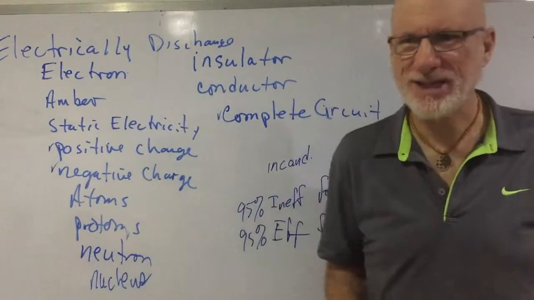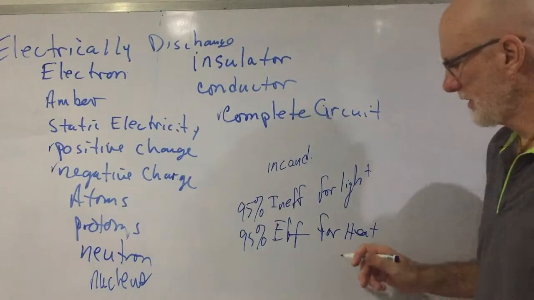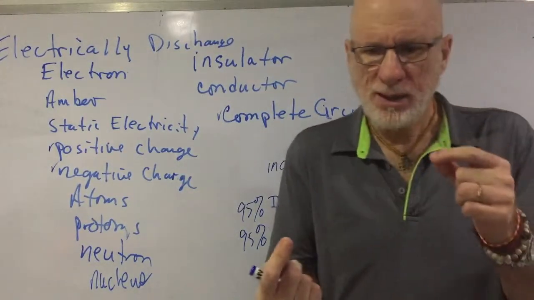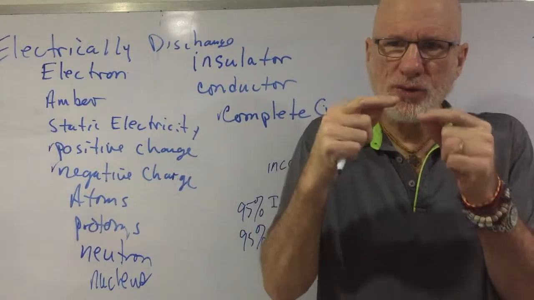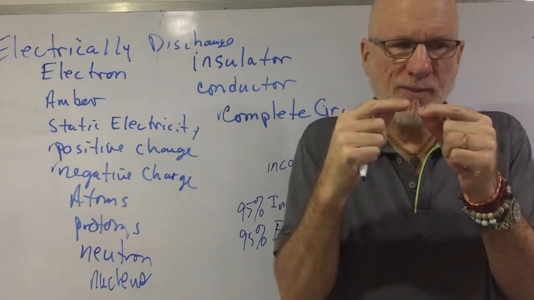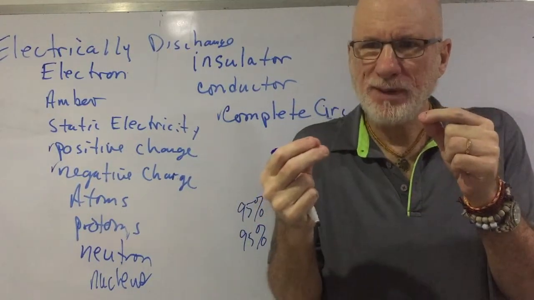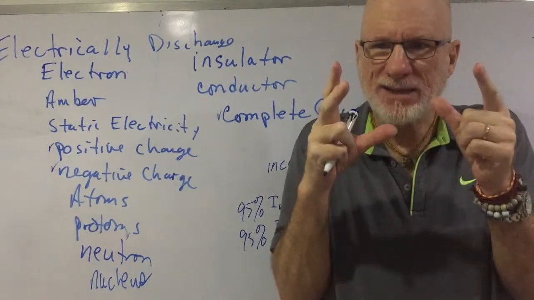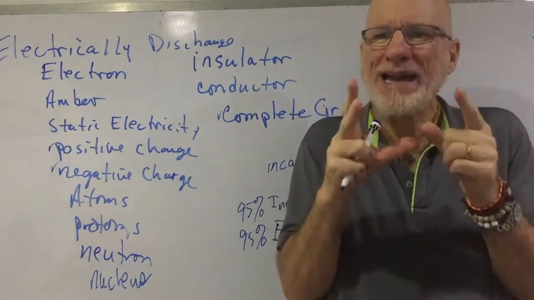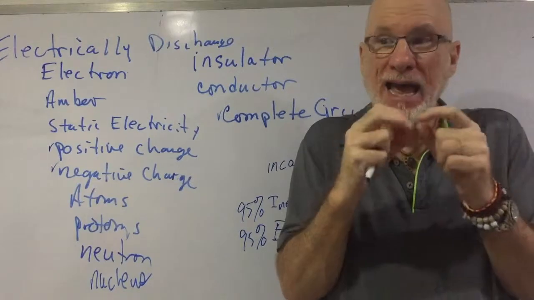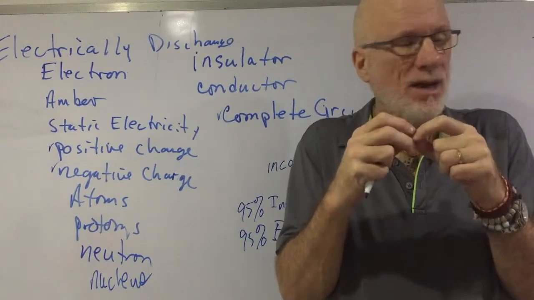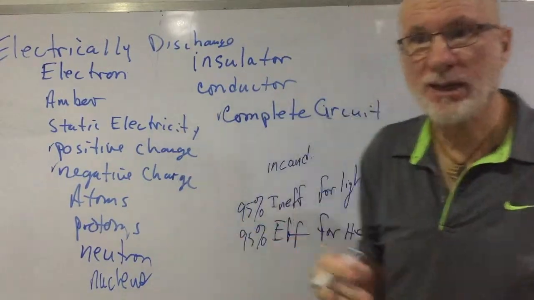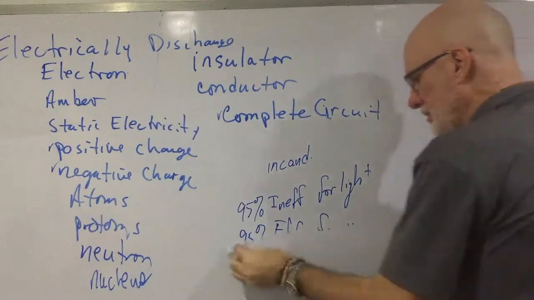They're very efficient as a heat source, but not as a light source. What happens is electrons are forced through the filament, and the electrons back up, and it gets very hot. It gets so hot, it's white hot. It just shines brightly, and you have light. Okay?